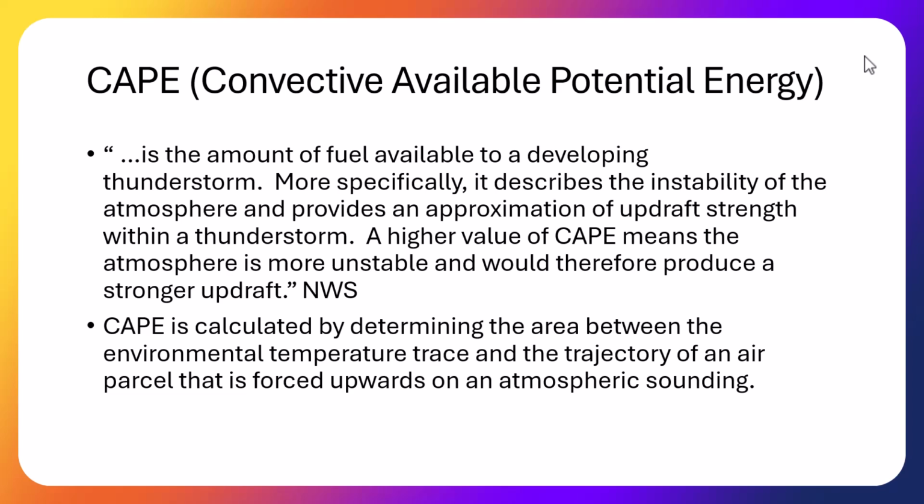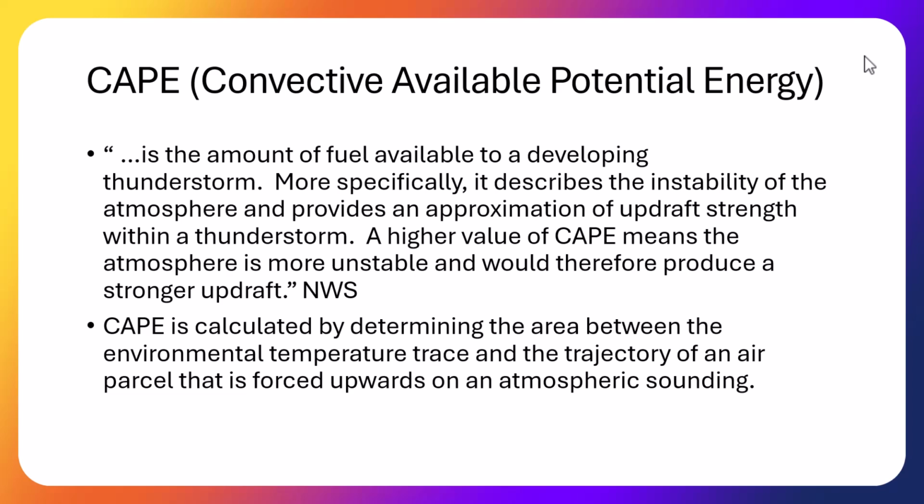So our instability that I had mentioned in the very beginning is going to be our CAPE. It's called CAPE and it means convective available potential energy. What is this? This is directly from the National Weather Service: it is the amount of fuel available to a developing thunderstorm.